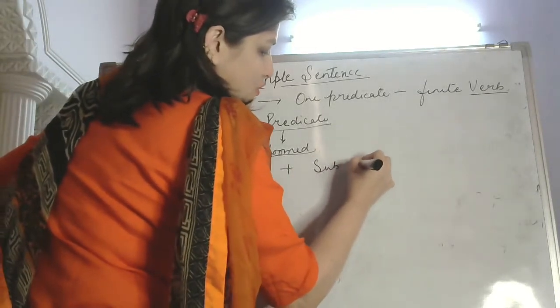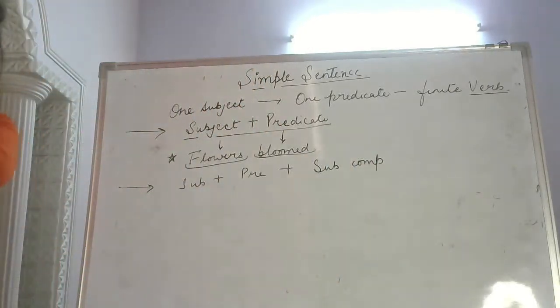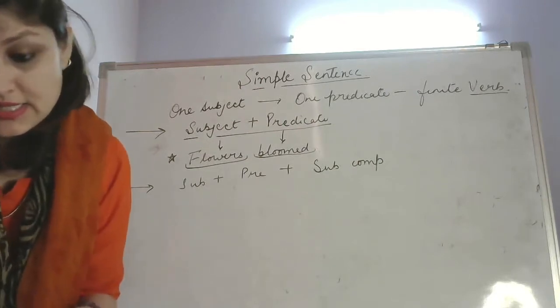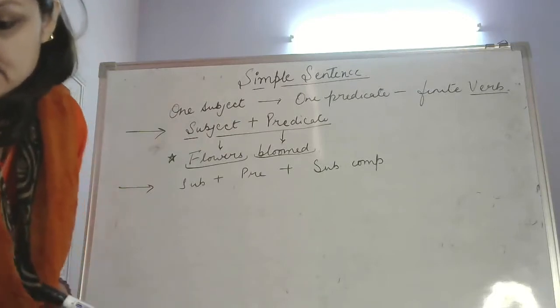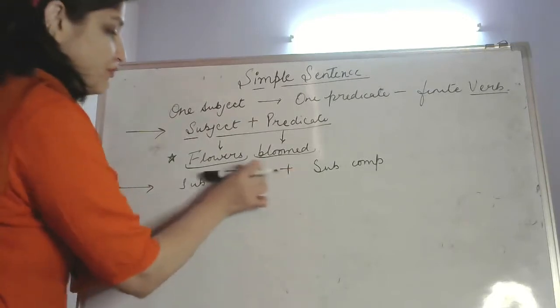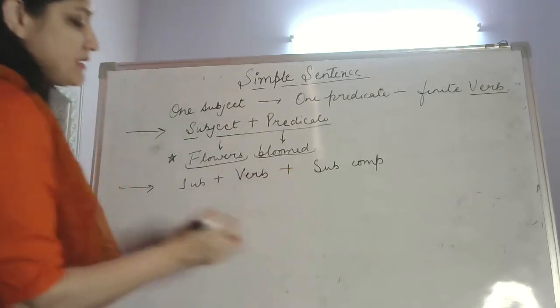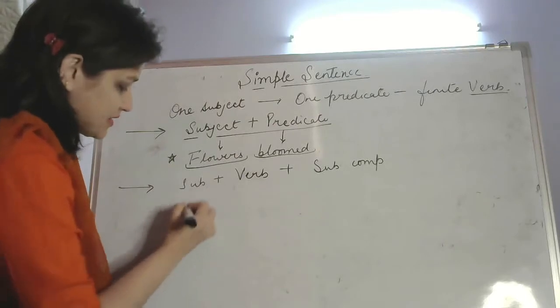Subject complement. Now, there's another sentence given right under it, if you can see it. Ravi is an engineer. Now, it says here, they have put verb here rather than predicate. Subject, verb, and subject complement. Subject is Ravi.